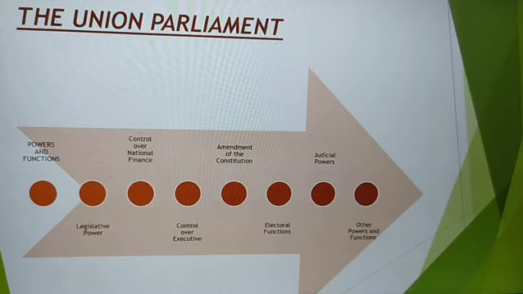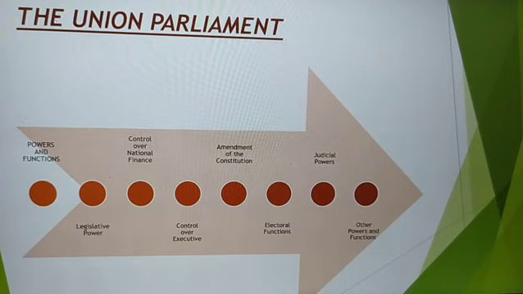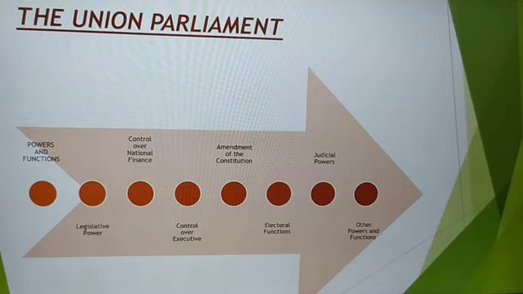Next is adjournment motion. So basically there are two kinds of motion, adjournment and censure motion. Okay. Now what is an adjournment motion? It basically pinpoints the flaws, it tells where the government has failed in performing its duty.